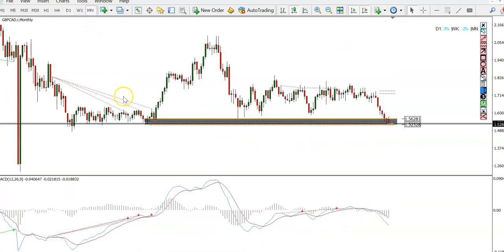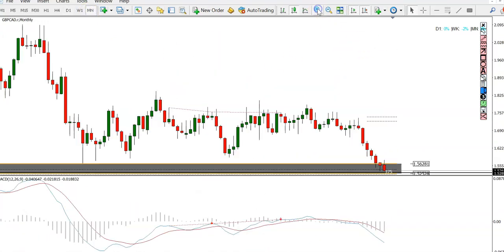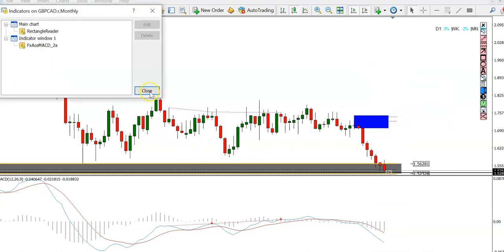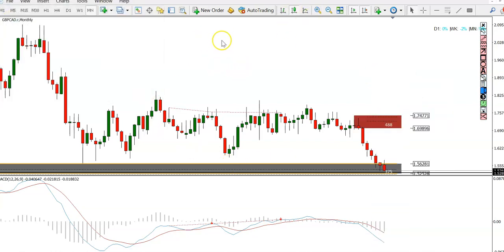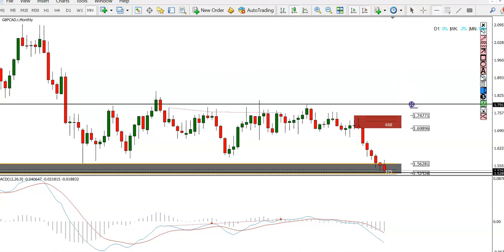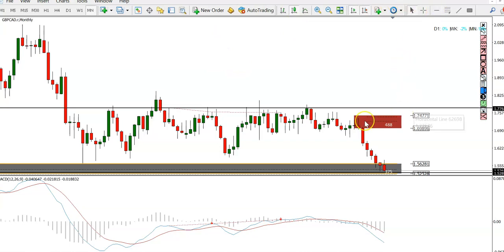Profit potential in the monthly charts longer term is all the way up towards this area here, 170, and possibly all the way up towards the 177,600 area.